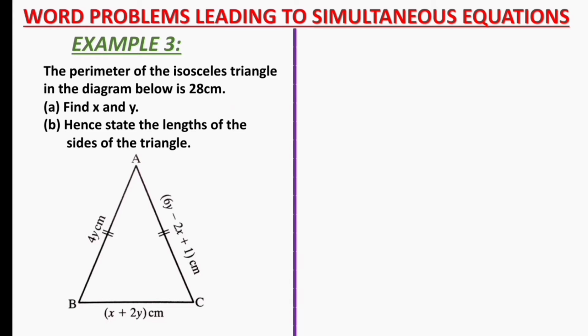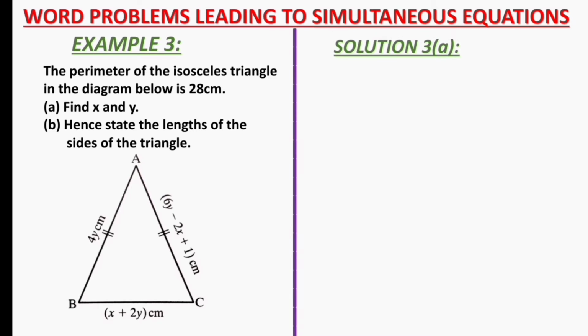We have a triangle here, an isosceles triangle. The length of AB is 4y centimeters, being equal to the length from A to C, which is 6y minus 2x plus 1 centimeters. The third side, BC, the length is x plus 2y centimeters. Let's solve this example.